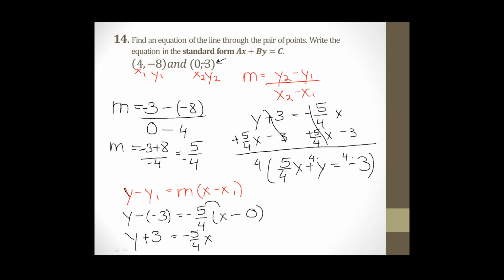When I multiply the first one, the denominator cancels out and I'm left with 5x. Multiplying the 4 times the y gives me 4y, and multiplying the 4 times the negative 3, I'm getting negative 12. So if you look at your packet now, you should be able to find your answer, which is D.